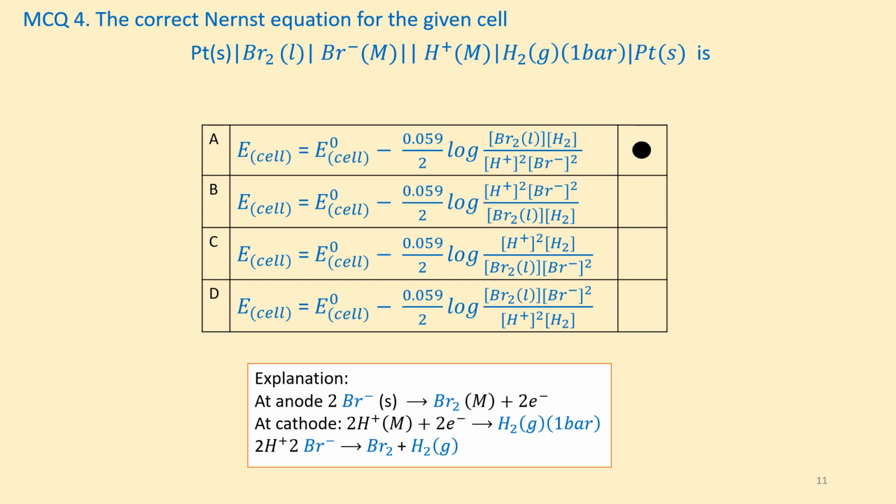At the cathode, 2H+ gains 2 electrons and is reduced to hydrogen gas. Equating the coefficients, we can write 2H+ plus 2Br- forms Br2 plus H2. So here the products are Br2 and H2, and the correct Nernst equation is option A. Please mark it.